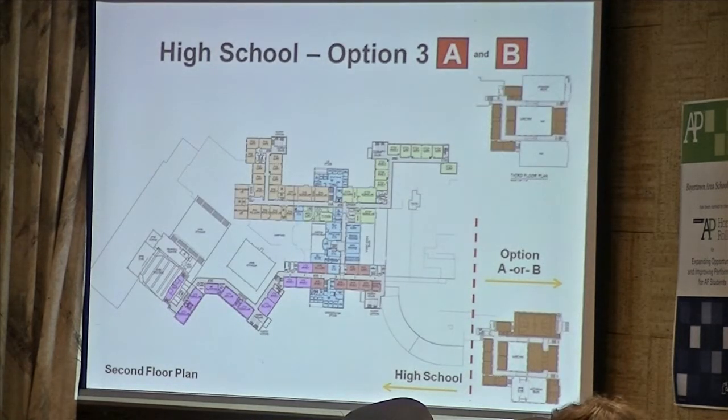Here you can see the second floor plan. This section has 3 floors, which is why this other plan is shown up here. This is the second floor. It doesn't connect to the high school. It only connects at the first floor. And then there are 2 additional floors on this building.